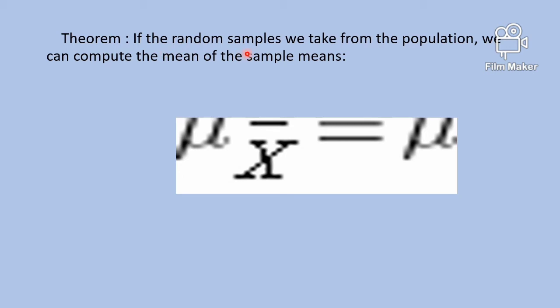With random samples from the population, we can compute the mean of the sample mean. So the average mean is equal to the probability mean.